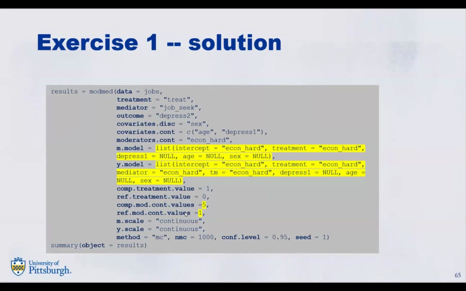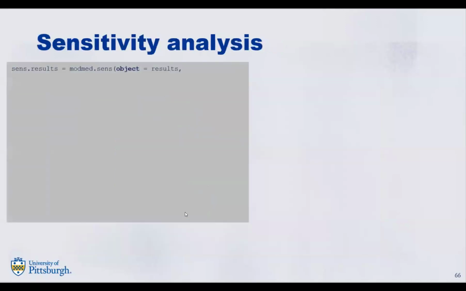But as I mentioned earlier, in addition to estimating and testing the effects, it's also very important to conduct a sensitivity analysis to assess the influence of unmeasured confounding on your results. Therefore, I also include the sensitivity analysis in the R package.